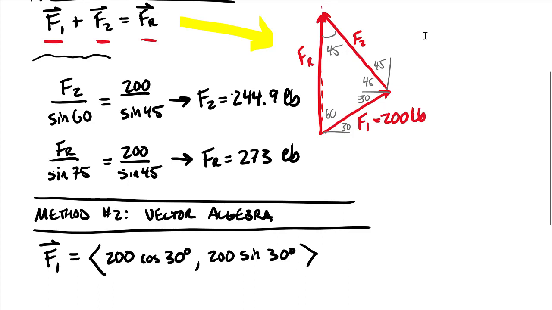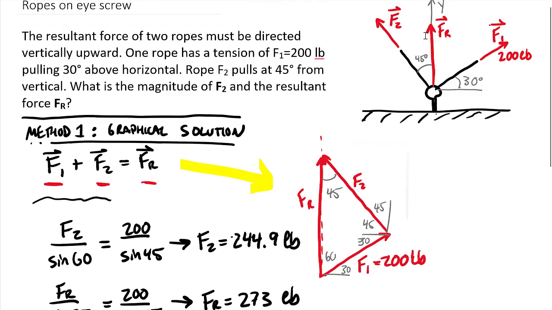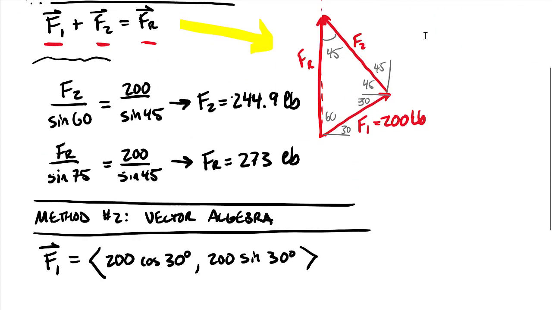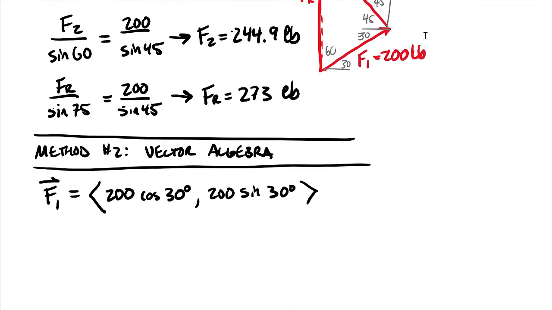Now I do need to go ahead and define, actually, I'll draw it on my main coordinate system, that I'm assuming here that this is x, and I already drew my y, so a horizontal to the right x and a vertical y. And then I now can write the components of F2 as a vector. So F2 has components in unknown magnitude. So this is going to be F2, and it's going to be the sine and cosine of 45.